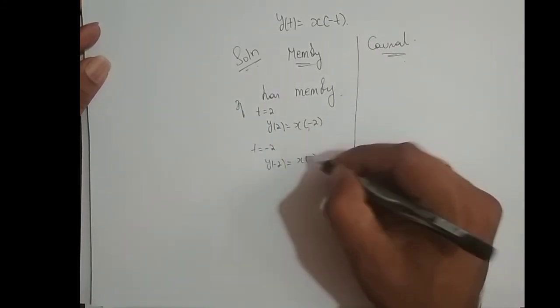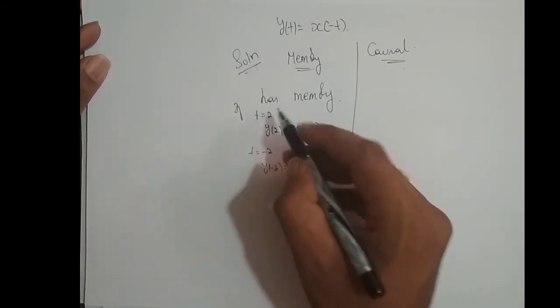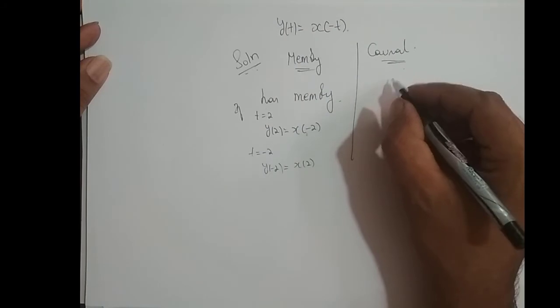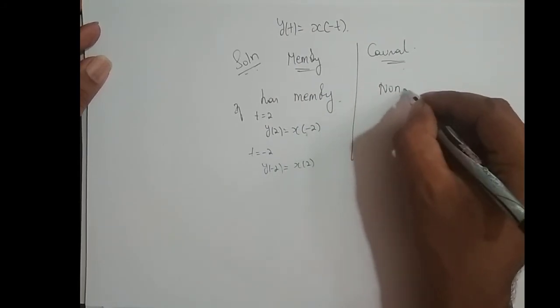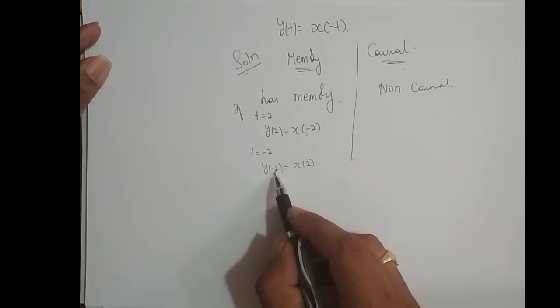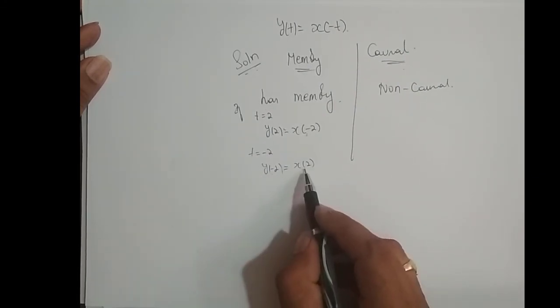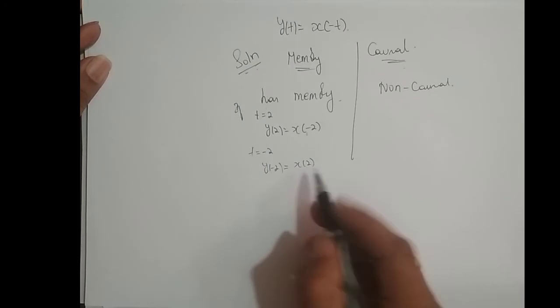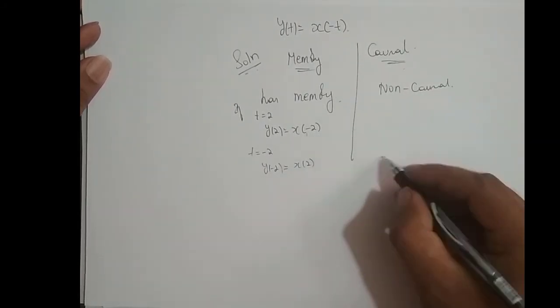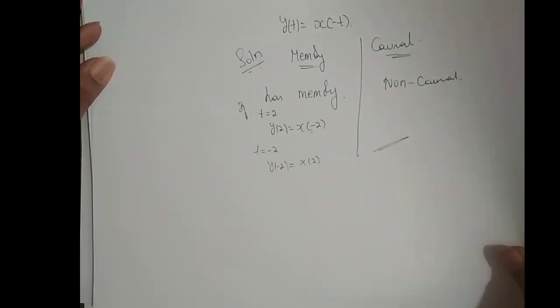So in both the cases satisfies the definition of memory, so it has memory. Okay. What about causality? It is non-causal, right? Why? So from the definition, see here, y of minus 2, present output depends upon x of 2, future input value. Because present output depends upon future input value.